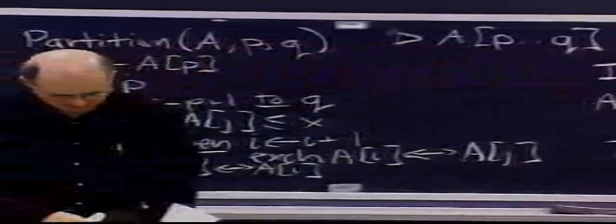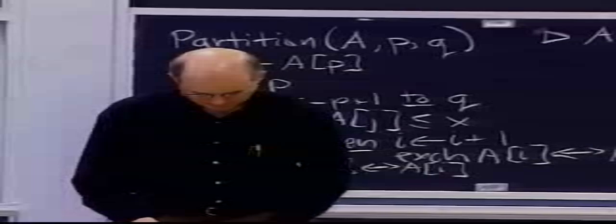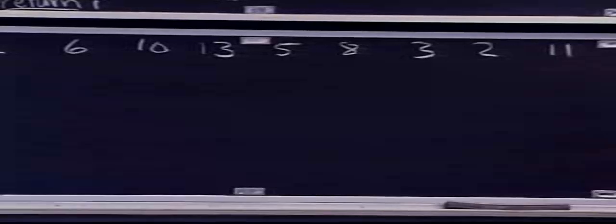Okay? Let's do a quick example, and we'll see how this goes. Suppose I have 6, 10, 13, 5, 8, 3, 2, 11. So the first thing that I do is I set my pivot.